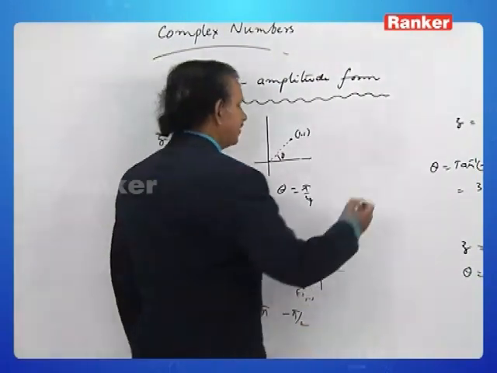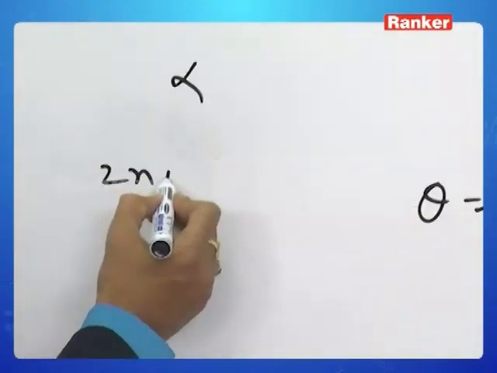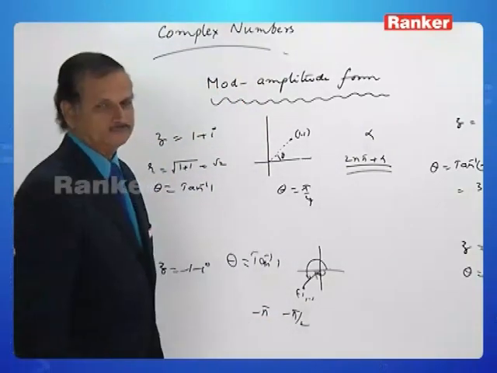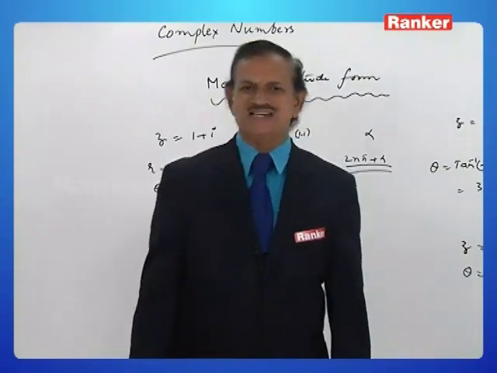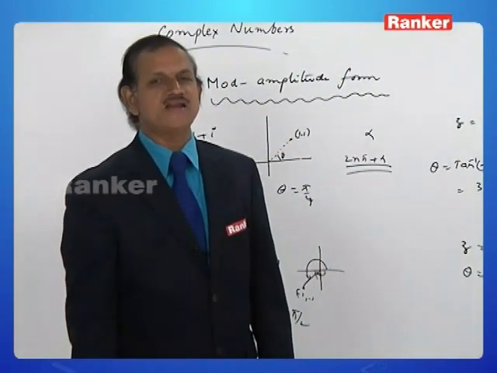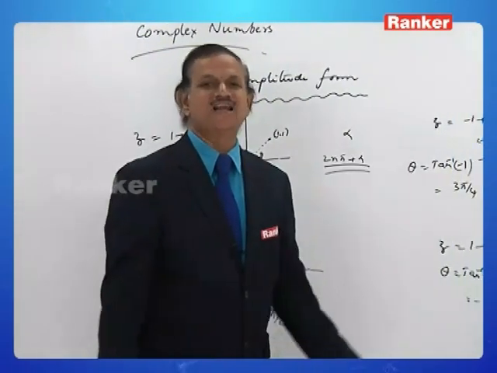Suppose the standard amplitude is some alpha. Then the general amplitude is 2n pi plus alpha. In most of the problems, we consider the standard amplitude only. In some very rare cases only, we are supposed to consider the general amplitude.